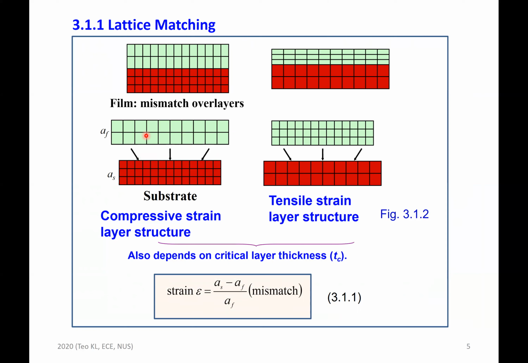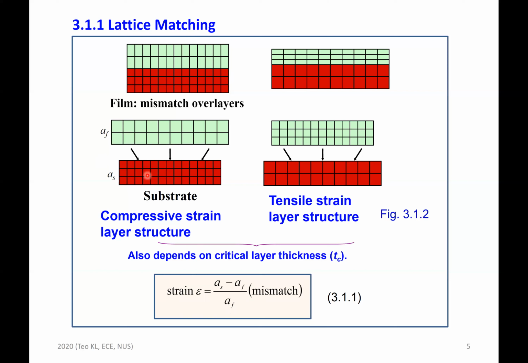The way we calculate the strain, denoted by the symbol epsilon, is the substrate lattice constant minus the film lattice constant, over the film lattice constant.